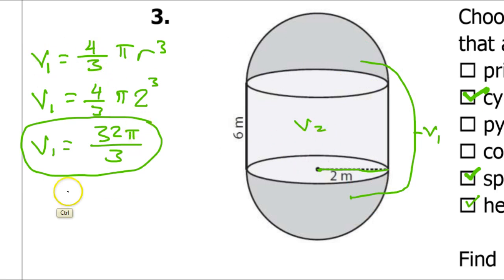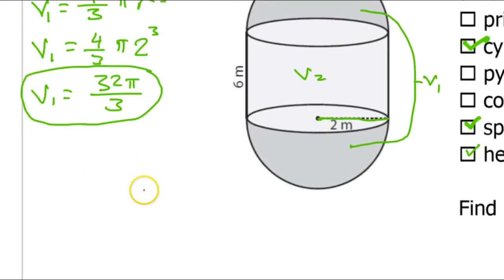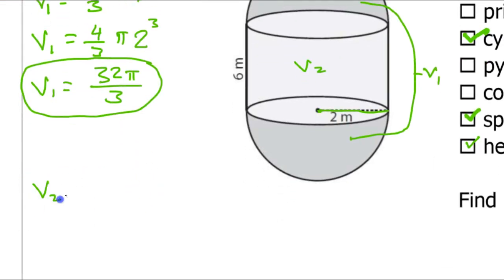Now volume 2 is the cylinder. I better leave myself a little bit of space. The volume of a cylinder is the area of the base times the height. So let's calculate the area of the base.